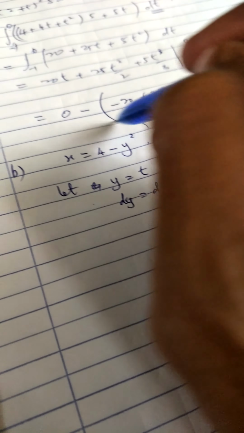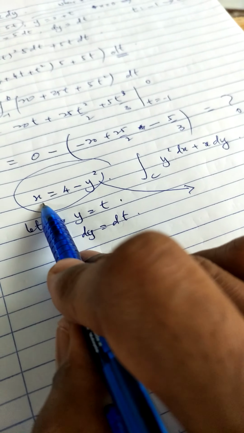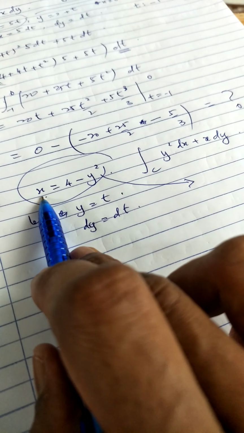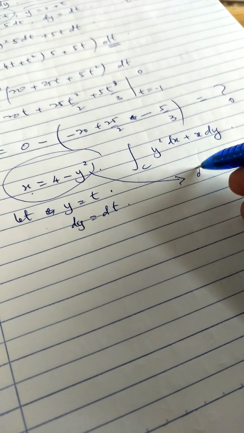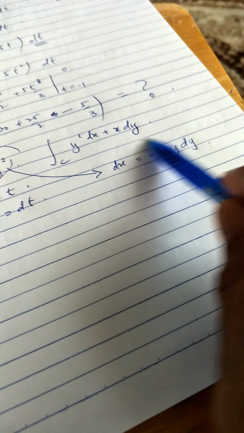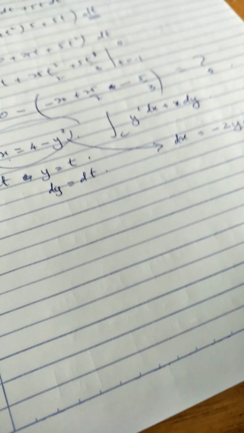Or I can also differentiate directly so that I can substitute there. So for this, we have dx is equal to minus 2y dy. So you can use this or that, either one.